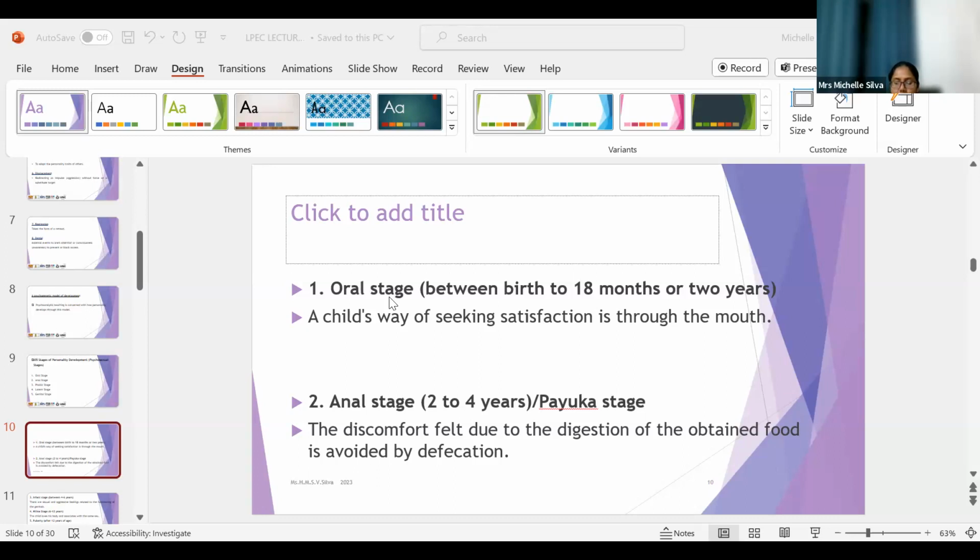Underline anal stage and write down the age between 2 to 4.